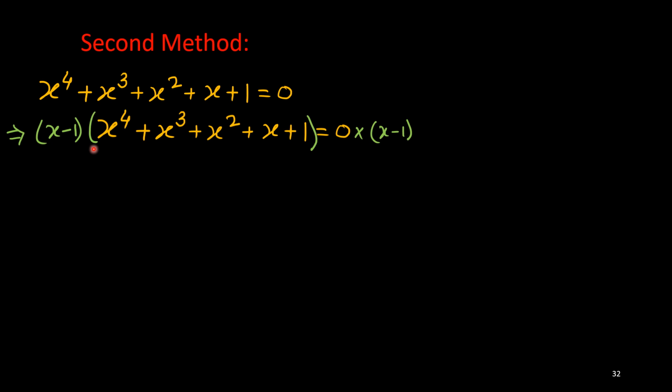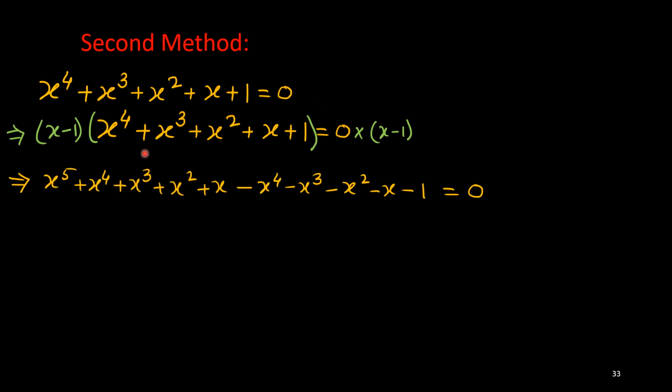But remember, I have already introduced one known solution, that is x equal to 1, because x minus 1 is a factor. So I'll get ultimately a fifth order polynomial on the left hand side. But we know that one solution is 1, and the rest 4 solutions we need to find out. And those will be the solutions for the original problem. Okay.